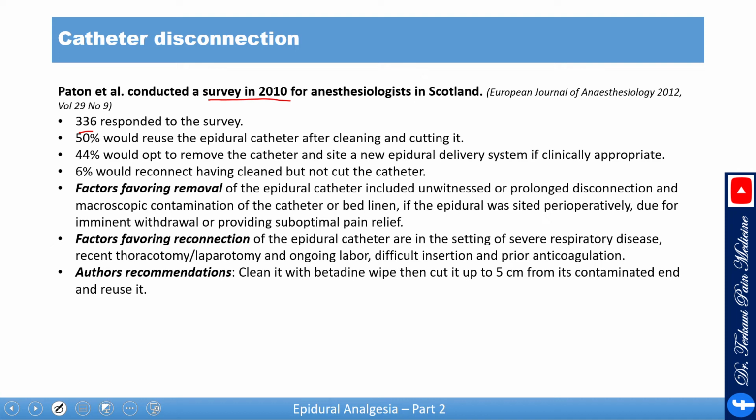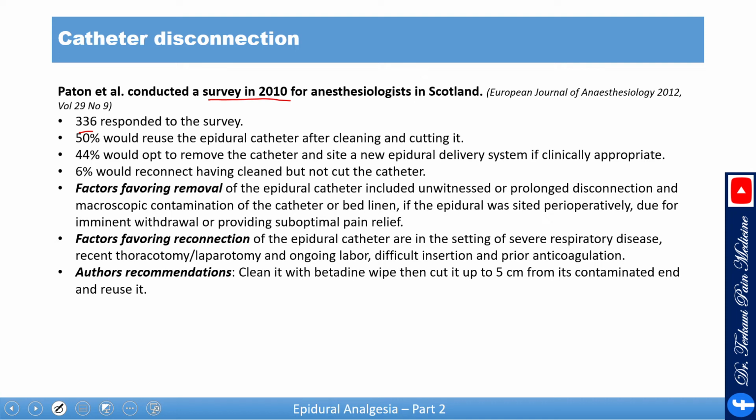Factors favoring reconnection of the epidural catheter are in the setting of severe respiratory disease, recent thoracotomy, laparotomy, and ongoing labor, difficult insertion, prior anticoagulation.